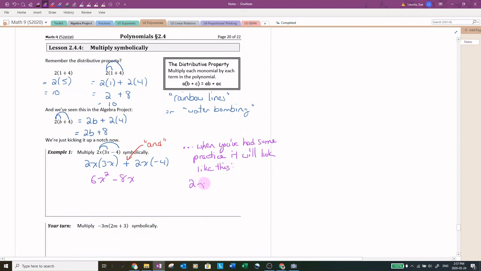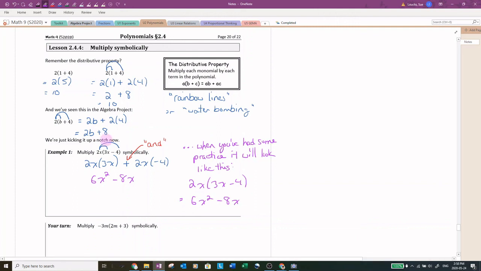You will have 2x times the quantity 3x minus 4, and you will just go in your head. It will be 6x squared minus 8x. And you will eventually get to where you can just do that in your head.